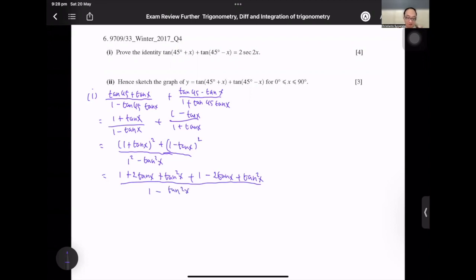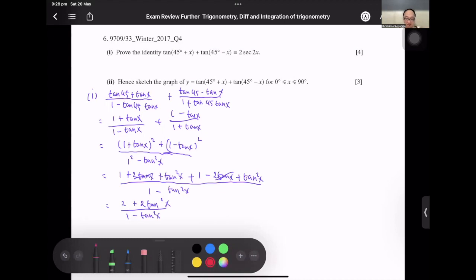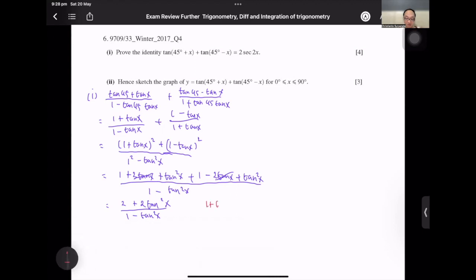We can simplify. We cross the 2 tangent x. It will become 2 plus 2 tangent square x over 1 minus tangent square x. Now, using the identity, yeah, we use the identity of 1 plus tangent square x equals to secant square x.